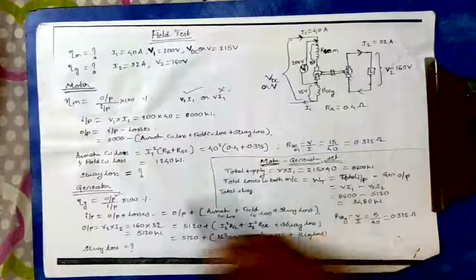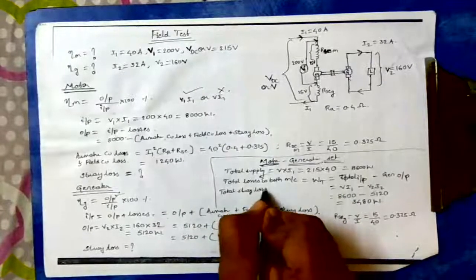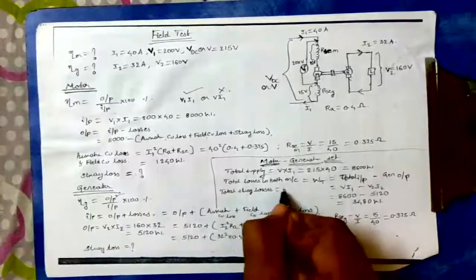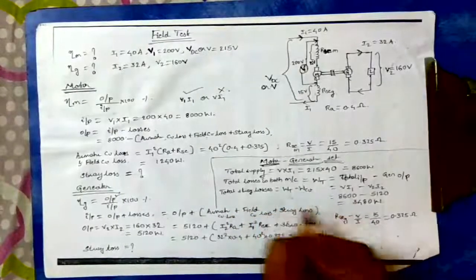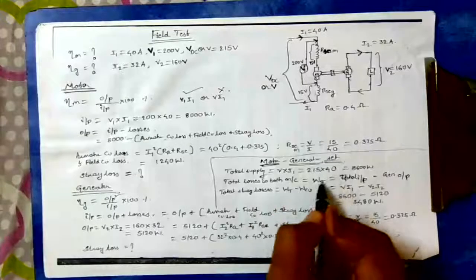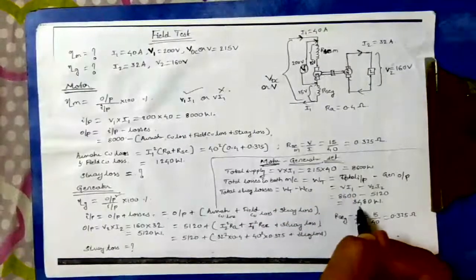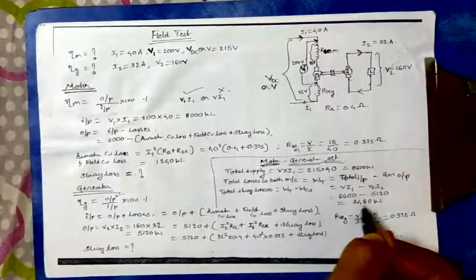So we have to isolate the total stray losses out of the copper losses. The formula is: total stray loss equals WT minus WCU, where WT is the total losses, including armature copper loss, field copper loss of both motor and generator, and stray loss of both.